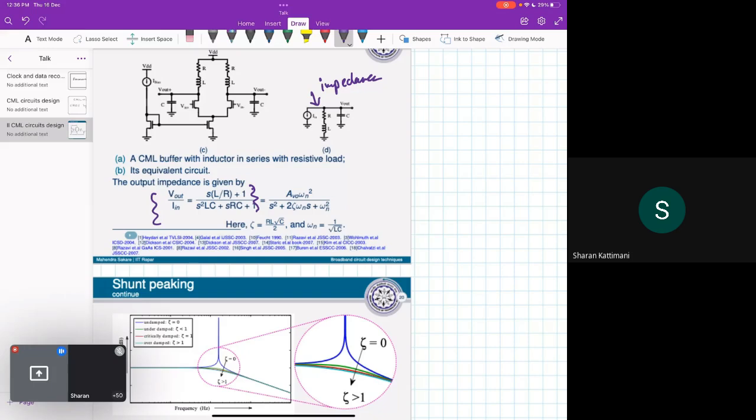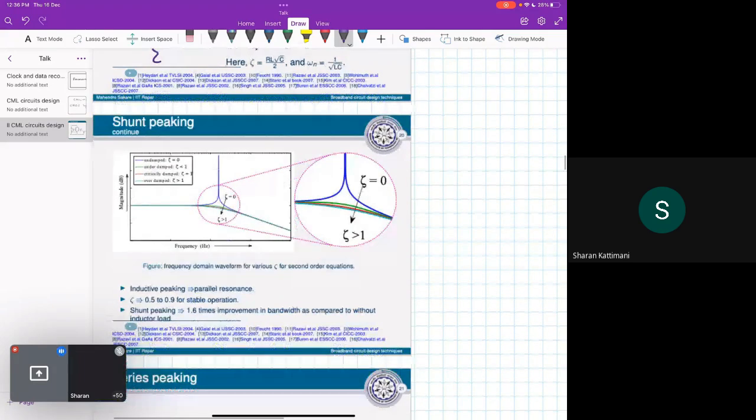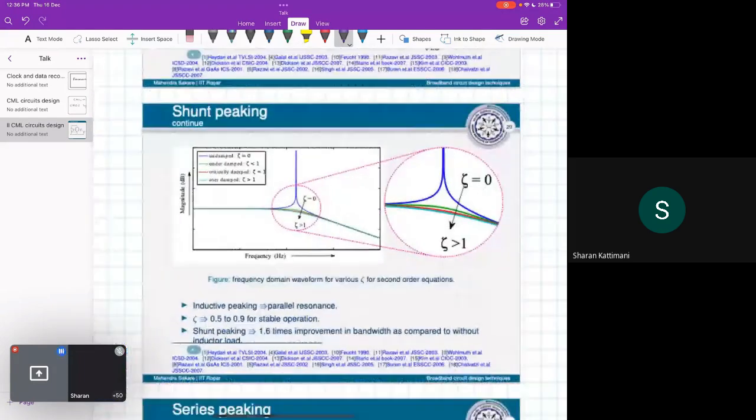Okay, so this equation, if you look carefully, is nothing but in the form of the second order system we have seen in control system, where you can actually improve the stability or peaking by varying the zeta. Okay, so here this is the simplified version. You can see that if you vary the zeta you can get peaking at this particular frequency.